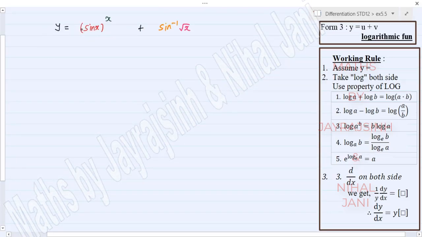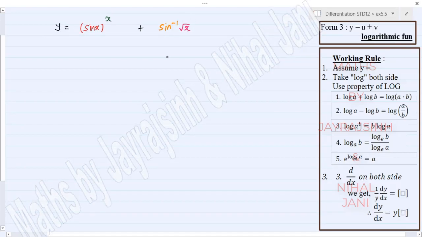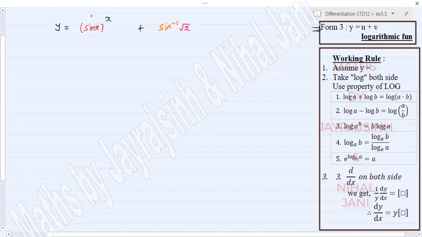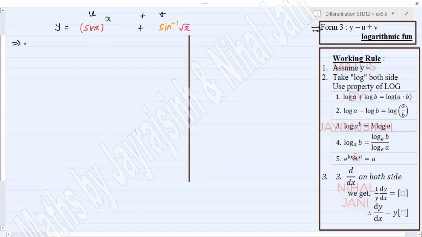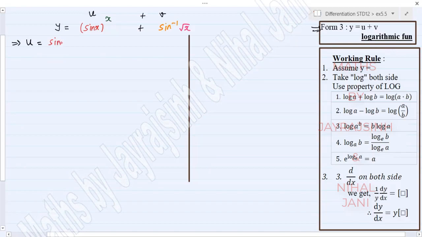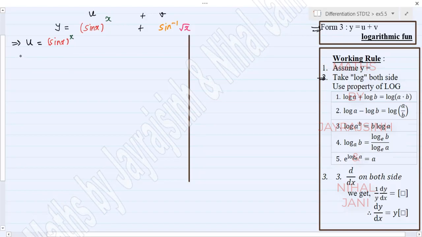Here we have y is equal to sin x whole raised to x plus sin inverse root x, which is in the third form. So let's say your first term is u and second term is your v. So first of all, let's try to get differentiation of u, which is sin x whole raised to x. Let's take log both the side.